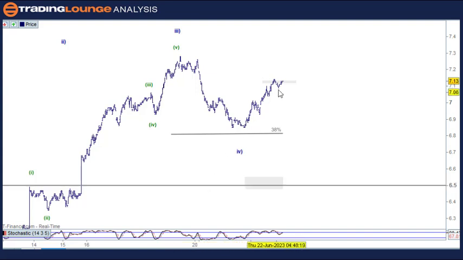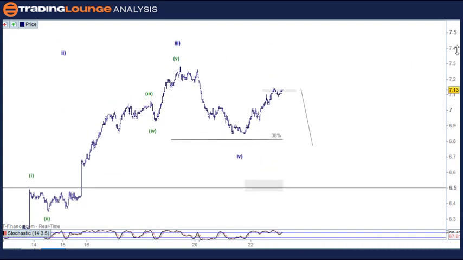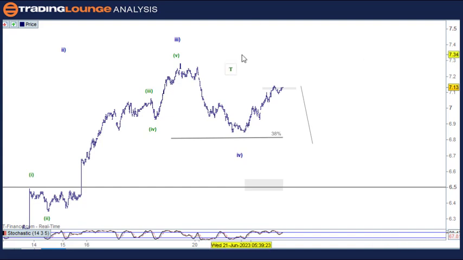So this is a 61.8%. Do we come down from that point? Should I just create them now that they're here? Are we going to get some sort of A, B, and C wave here?